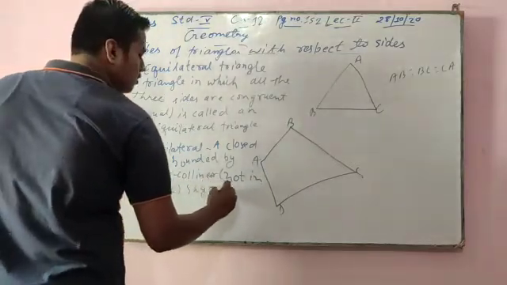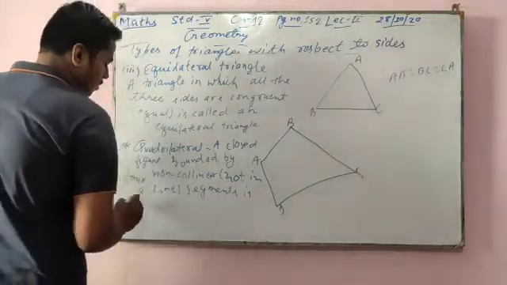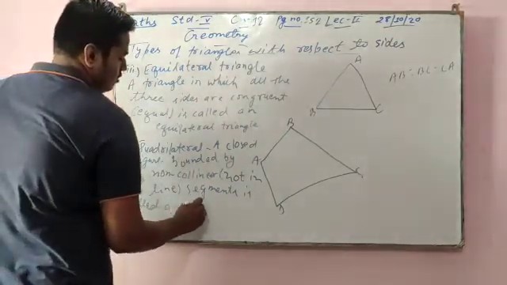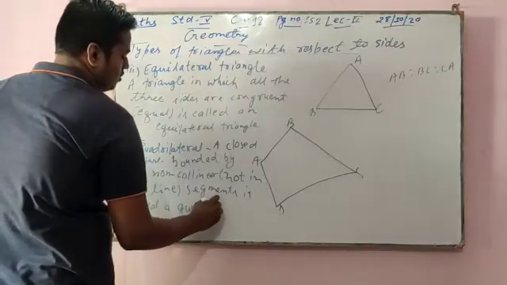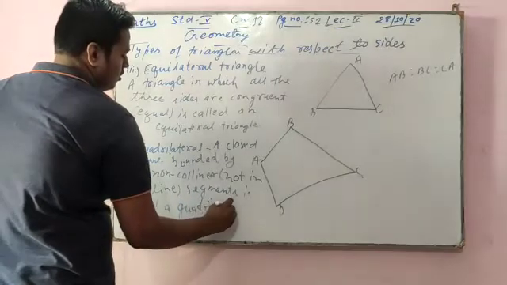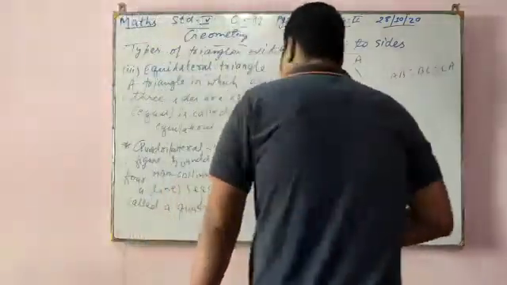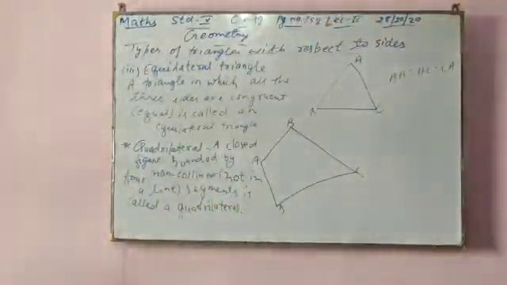Such a figure is called a quadrilateral. It means a figure which is bounded by four non-collinear line segments.